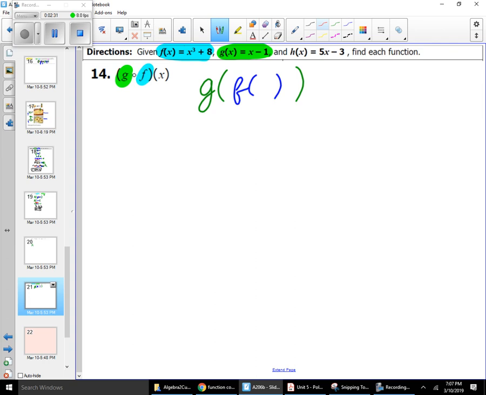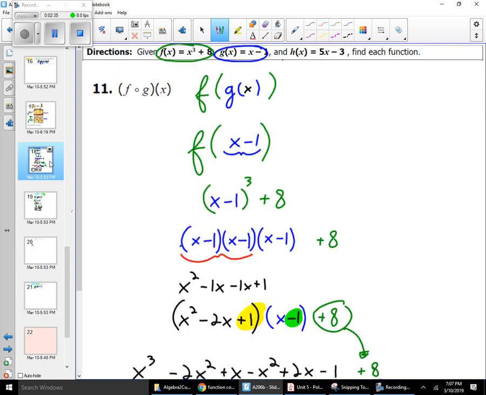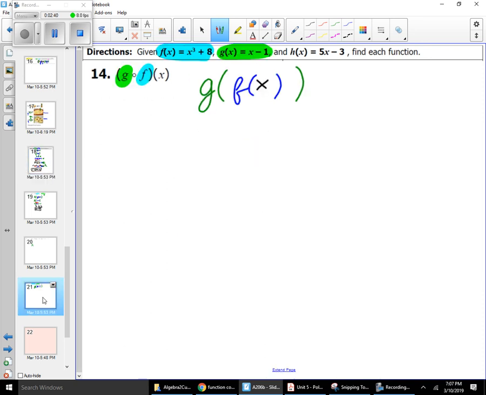And if this is giving you the heebie-jeebies, note that the order has shifted from that first example. In the first example, I did f of g. I am now doing g of f. They really are different things. And the reason I wanted to go through that first example is to illustrate how different they can be. That first one was rough. But g of f, well, that just means I'm going to take g and put this cubic into it.